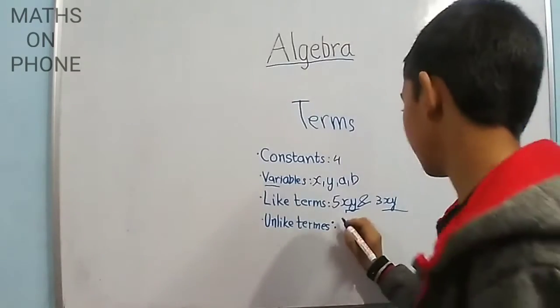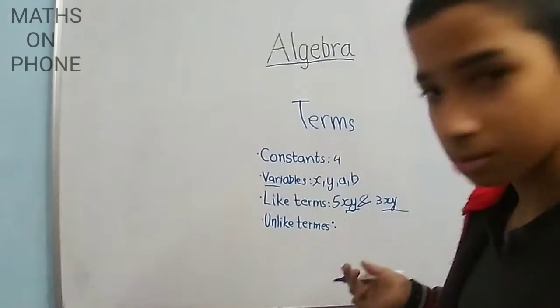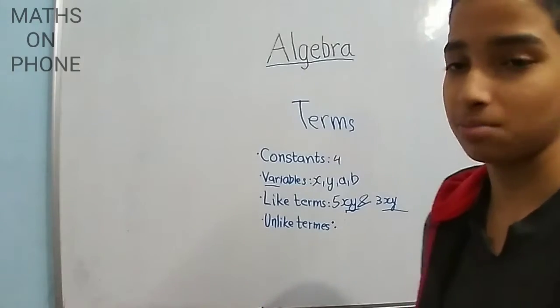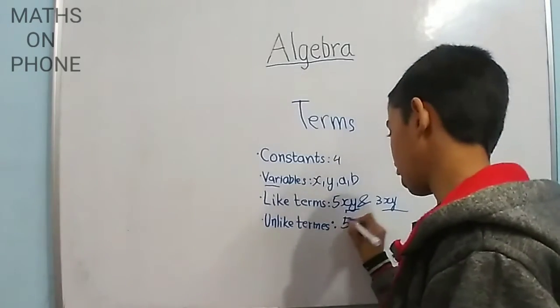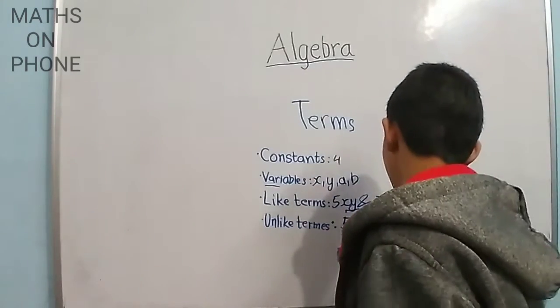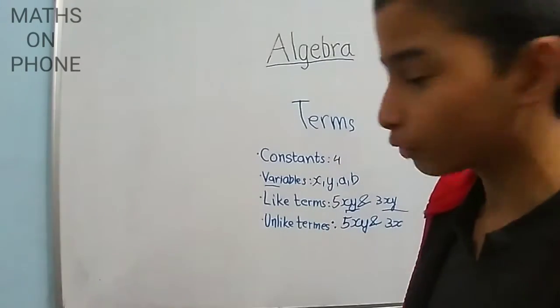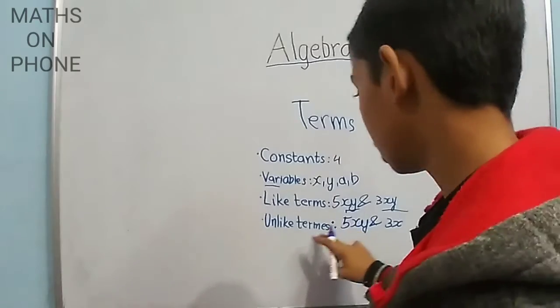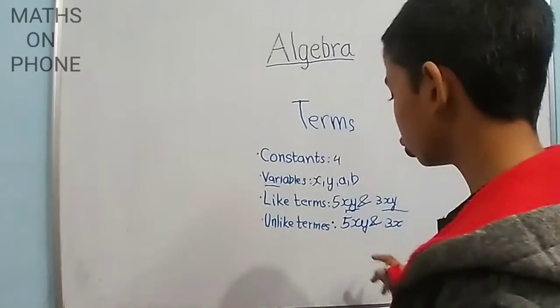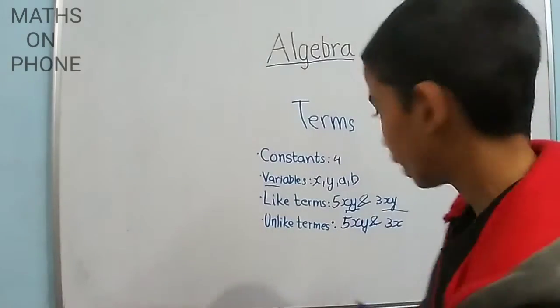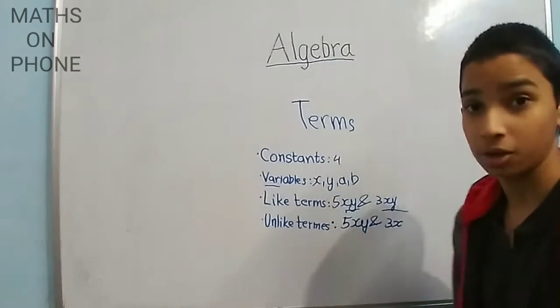And now coming on to the unlike terms. Unlike terms means terms which do not have the same variables, such as 5xy and 3x only. So we won't call them like terms because even though x is the same, y should also be there in the second.